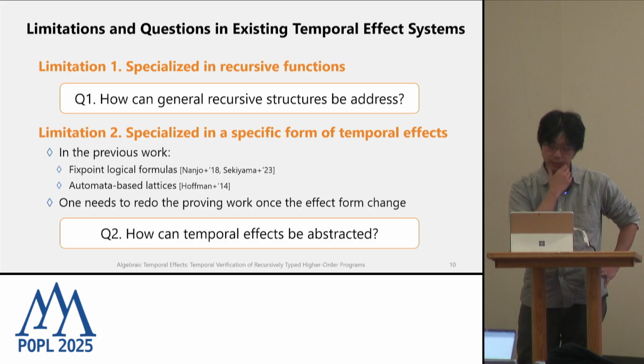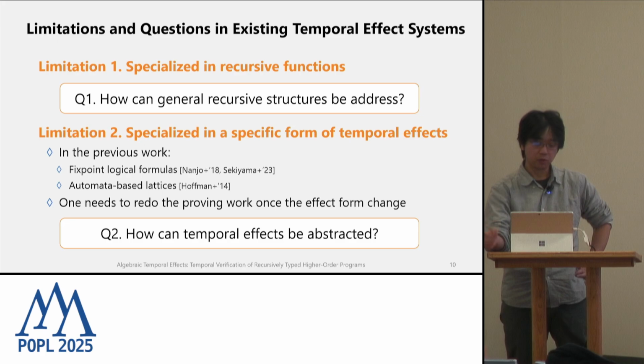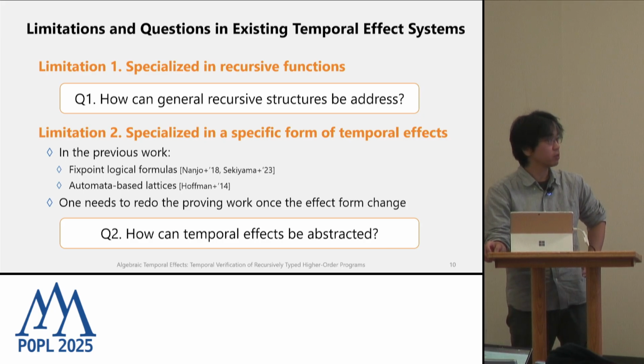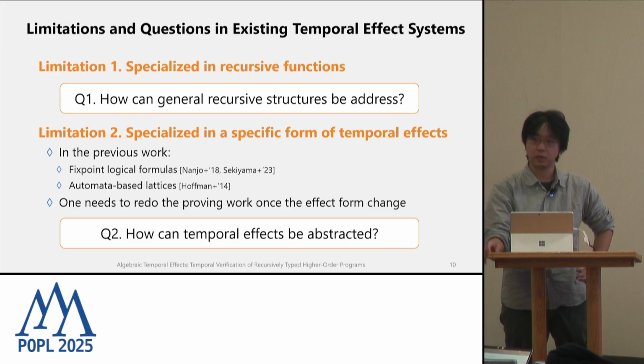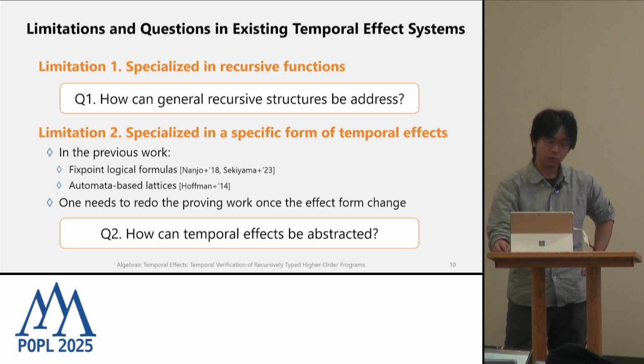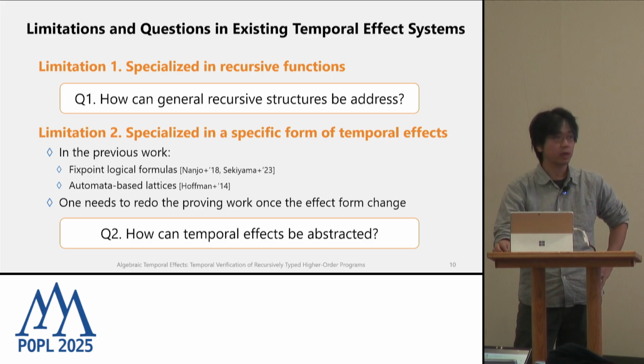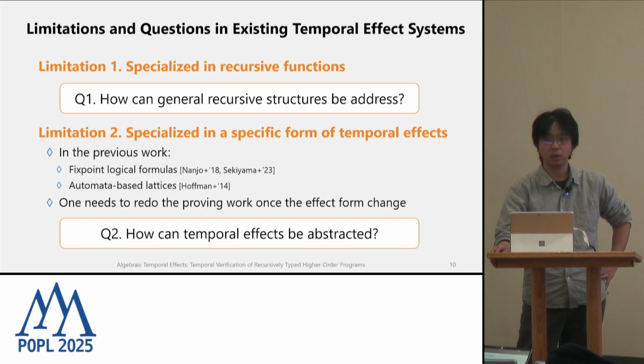In some work, the temporal effects are described using fixpoint logical formulas or automata. But if we want to use other representations, one needs to redo the proving work, like proving the soundness theorems. Of course, this is not a desired situation. So the open question is how we can abstract these different effect representations into a more uniform or abstract representation.